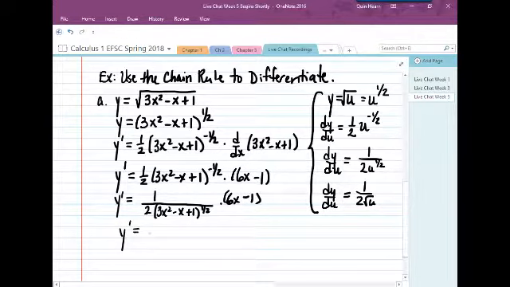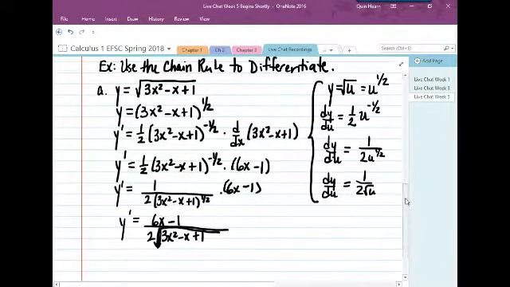So we have y prime equals 6x minus 1 over 2 times (3x squared minus x plus 1), and I'm going to change that to a square root just to be consistent. Alright, so we have our final answer.